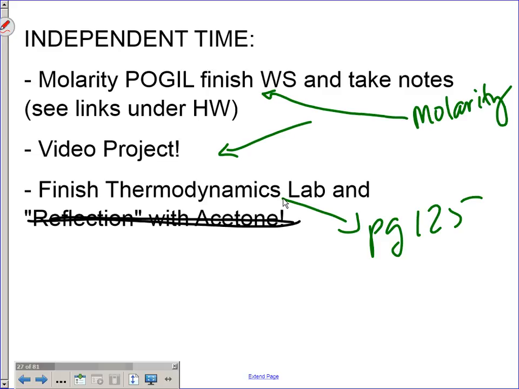Let me turn the lights on. Goggles on, make sure that you are being effective.